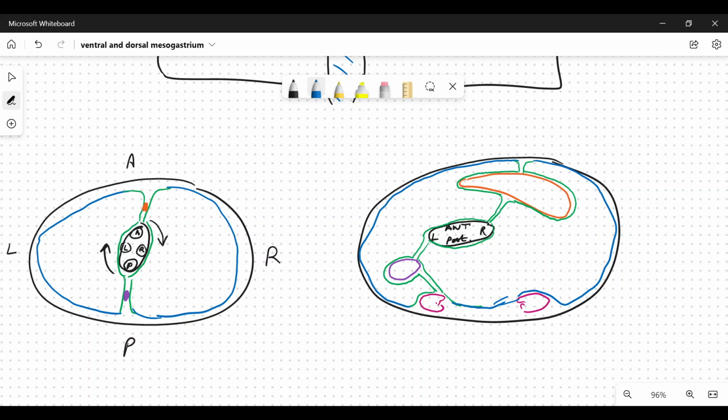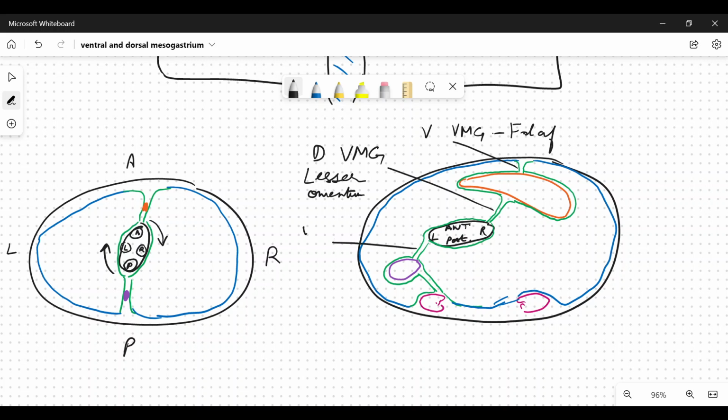Okay, right. So we are again naming the structures. This is ventral part of ventral mesogastrium, which is giving rise to the falciform ligament. This is the dorsal part of ventral mesogastrium, which is giving rise to the lesser omentum. Please bear with my handwriting.